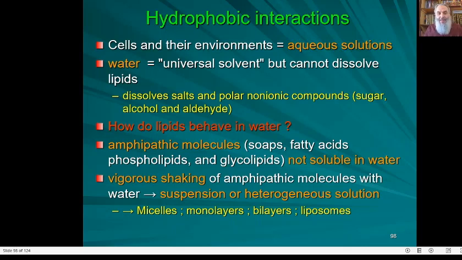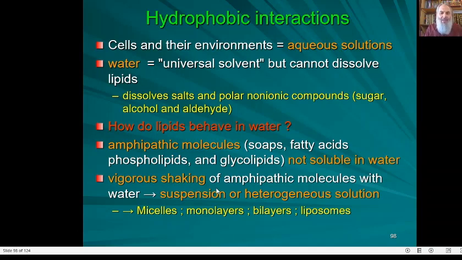To understand the behavior of lipids in water experimentally, as well as inside the cell, we are going to take amphipathic molecules. They could be soap molecules, fatty acids, phospholipids, or glycolipids. We take them, we add a large amount of water, and we perform vigorous shaking.